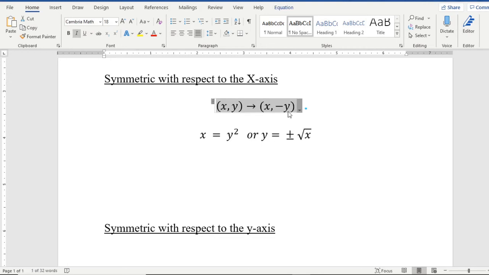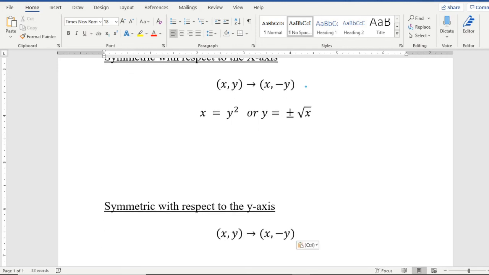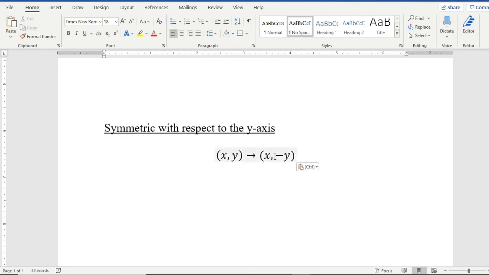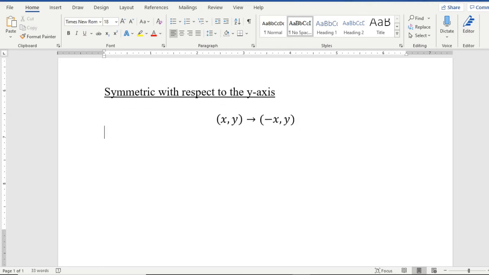The main difference is instead of the y changing, it's now going to be x that's going to be changing. So x comma y goes to negative x comma y. Again, this is going to be a mirror image across the y-axis.